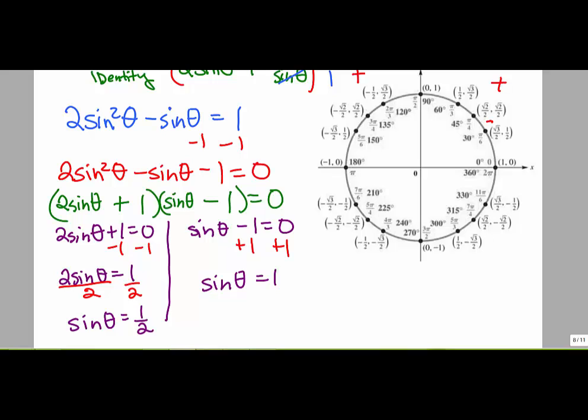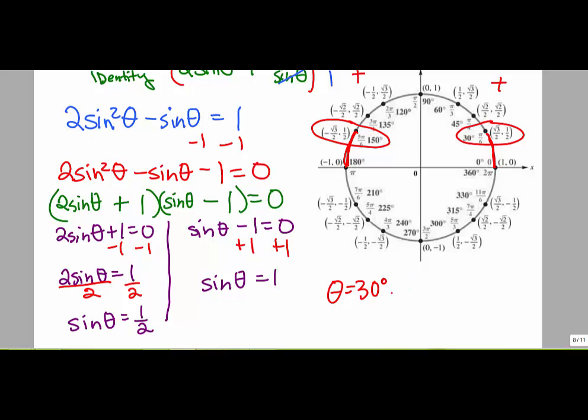So that would be right here and right here. That's our 30-degree reference angle family. So going into both quadrants, 30 degrees. And let's remind ourselves we're working in degrees. So we're looking at theta equals 30 degrees.